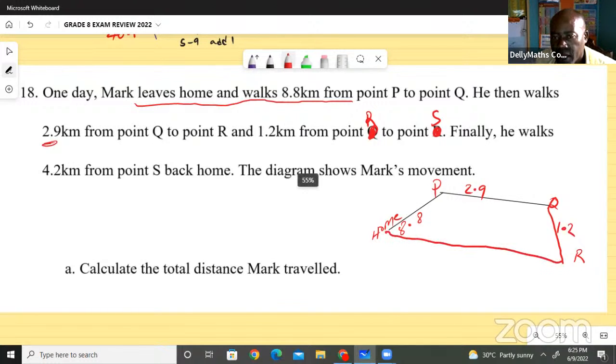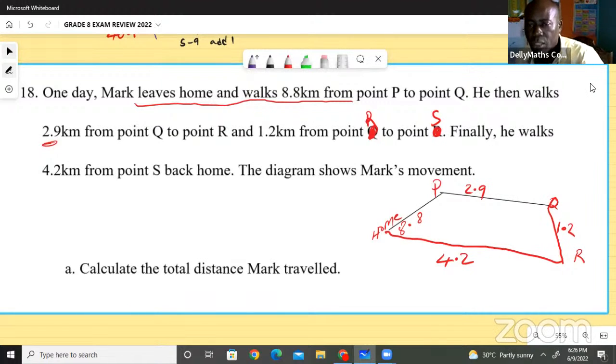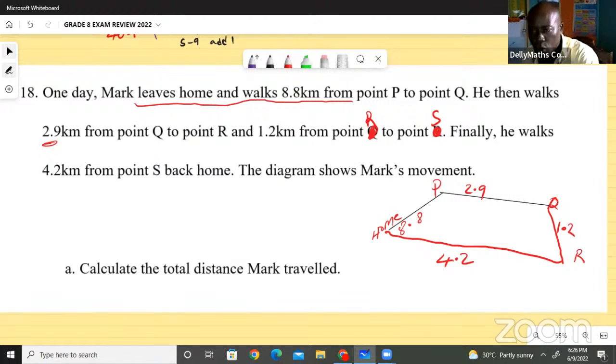So he went back home, and this is the 4.2. So just look at the idea. You're going to create something like this. You move from home to P, P to Q, Q to R, and R right back home. So you could see the little journey moving around.